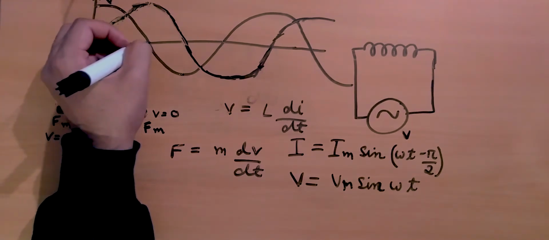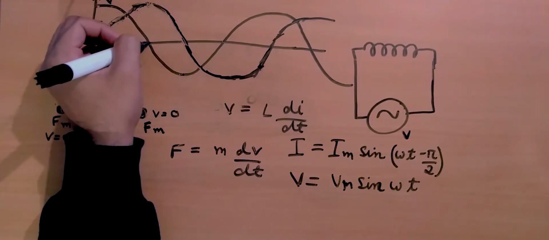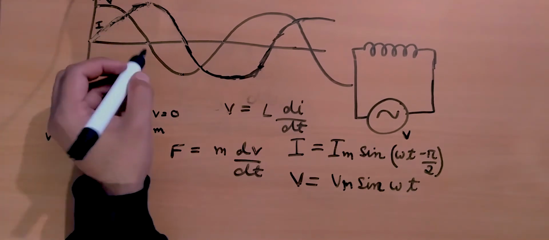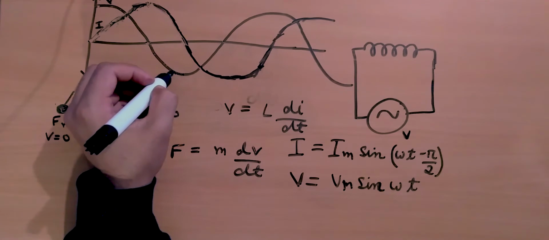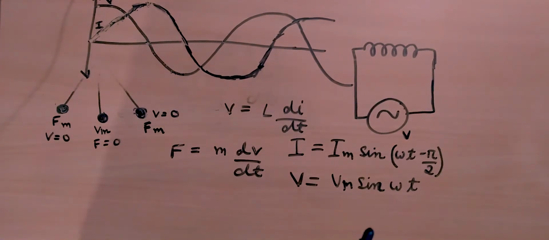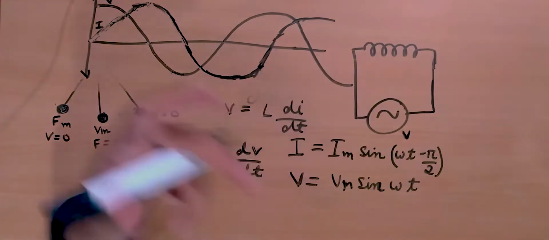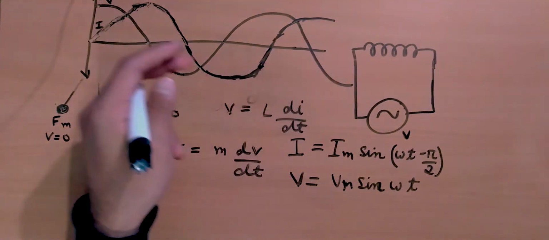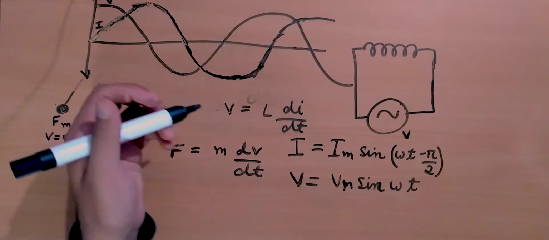As soon as it reaches 0, it stops increasing, and then it starts to decrease because the source voltage is now 0. The source voltage is no longer supporting it. Instead, as the source voltage gets negative, it is actually trying to oppose the flow of current. It is trying to switch the direction of current, but because this inductor is not very interested in change, it tries to avoid this change, and now the back EMF of this inductor drives the current.